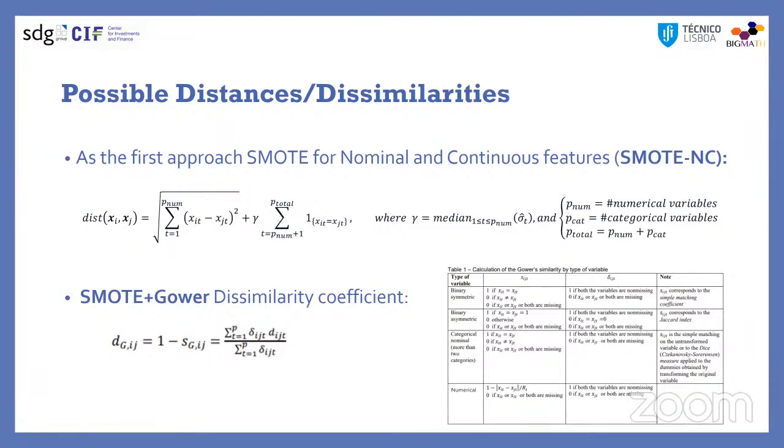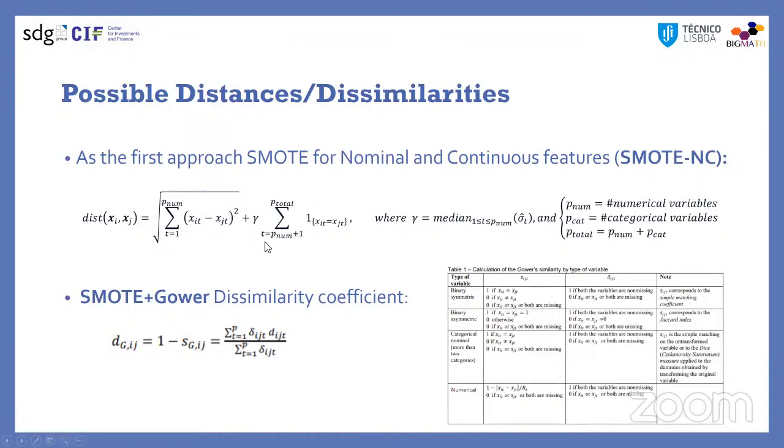The possible distances or dissimilarities in the area are suggested by just two balancing techniques which exist. The first one is SMOTE-NC, which was proposed by the original authors of SMOTE as a small part of their paper, and it could handle nominal and continuous variables. It calculates the distance in two different parts. The first part is like the Euclidean distance, similar to the normal case, and then a penalty term.